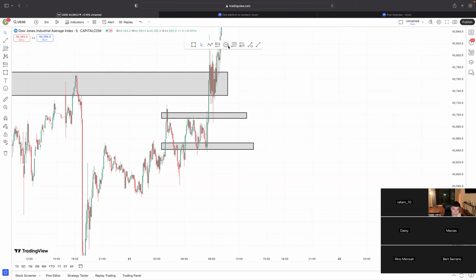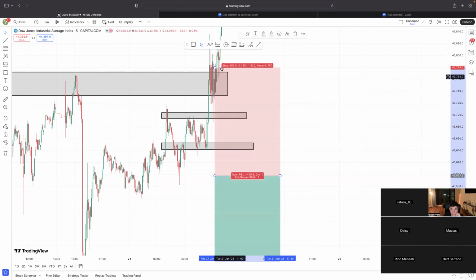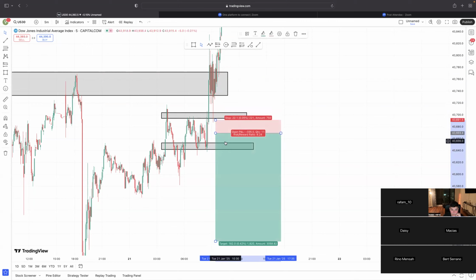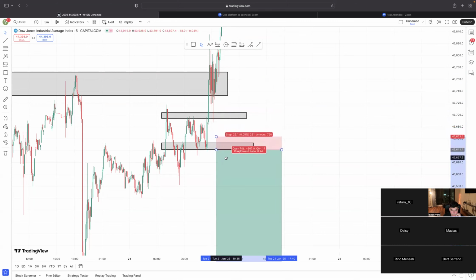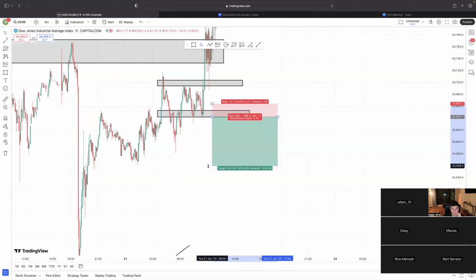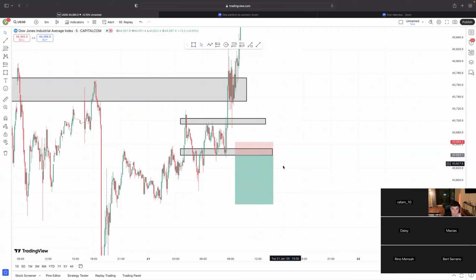If I were to take sells, I would take them right around breaking below the support, and I would have to wait for a retest right around here. This would be my sells scenario, because remember, you can never predict the market, always react to it.